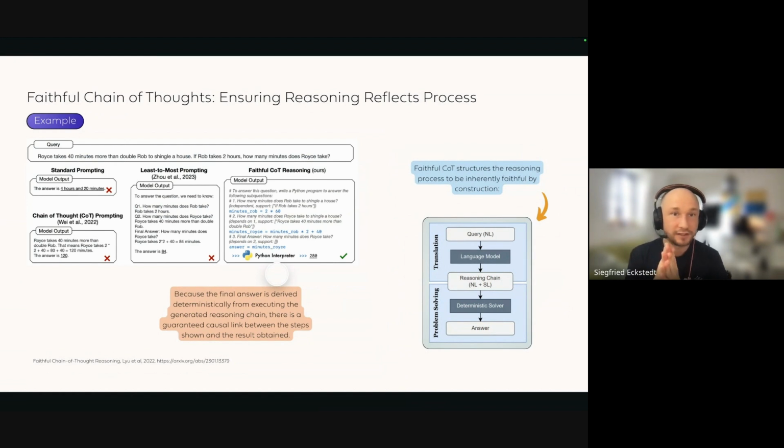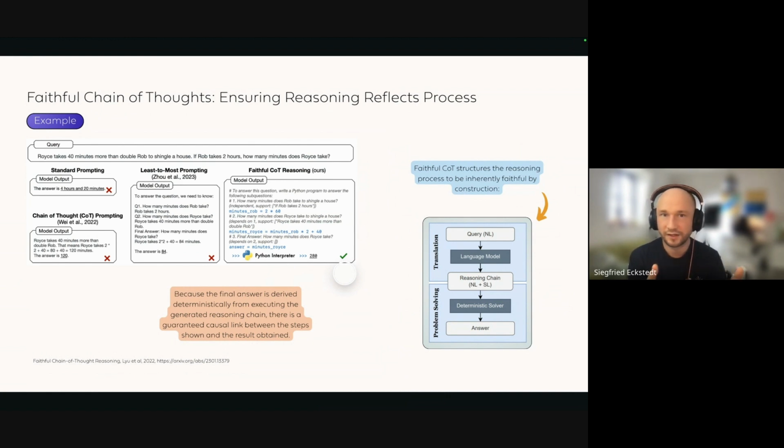Now, another interesting chain of thought sub method, if you want, is faithful chain of thought, and it's basically the idea to extend reasoning by deterministic processing. In general, a large language model can create text very well, but when it comes to calculating stuff, it can have shortcomings.